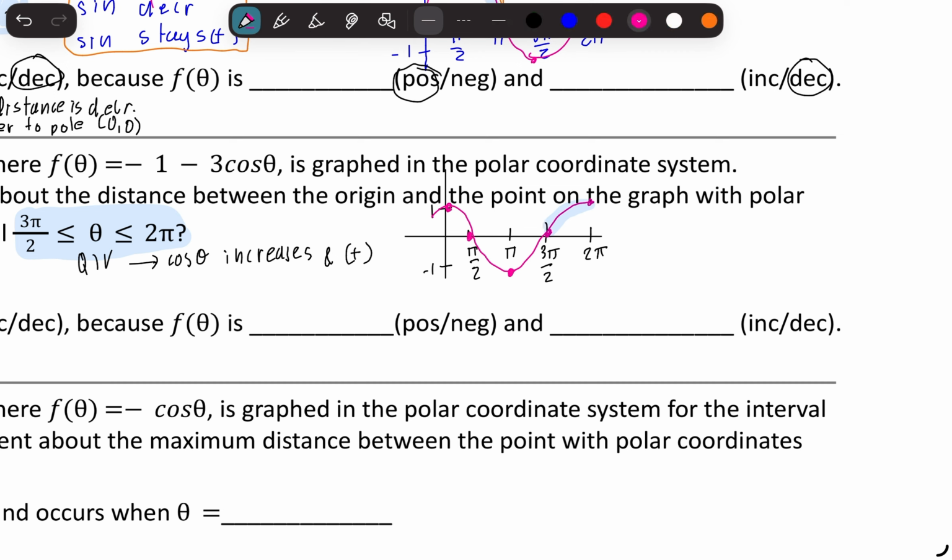We can see that if we draw tangent lines, it's increasing here.